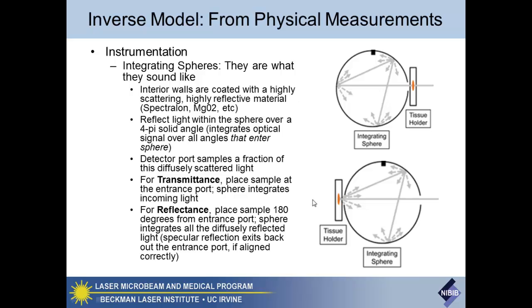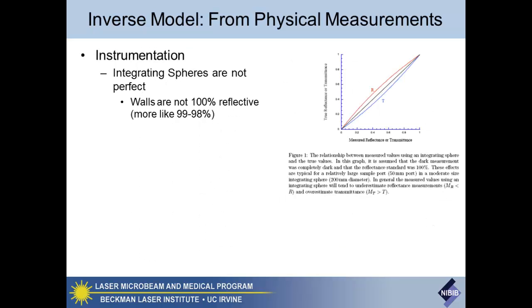So when you're integrating these signals, it's just from the scattered light, not the light that was reflected off the surface and had not interacted with the sample itself. So that's the basic configuration of an instrument. That's how you would try to measure the total reflectance and transmittance.